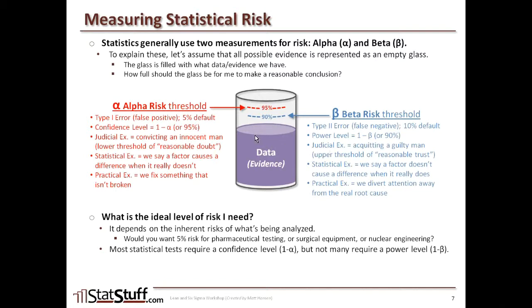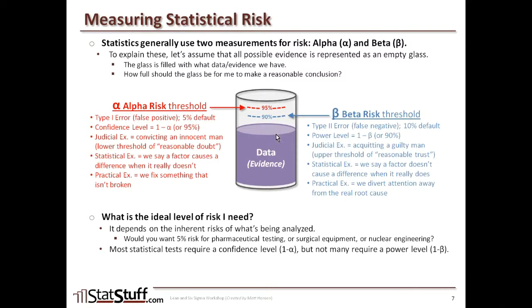However, at the same time, if we do have enough data that tips us over the 95% threshold, then that's reducing this alpha risk. And that's a good thing in the sense that we have a whole lot of data to give us confidence that we're really convicting the true guilty party after all, because we're reducing that risk as much as possible. However, if you find that your data falls anywhere between the gap of 90 and 95%, that's really bad.